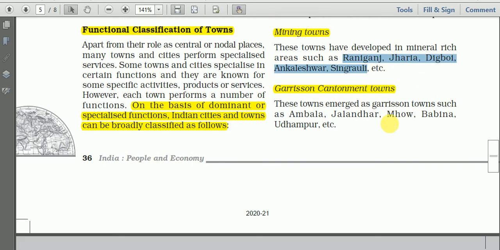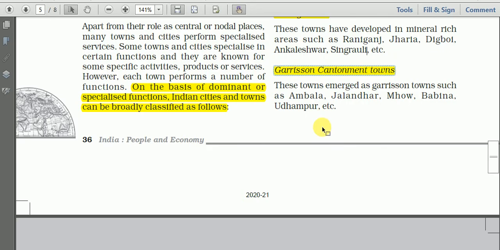Okay, then we have garrison cantonment towns. These towns emerge as garrison towns. Garrison means a fortified military post where troops are stationed. That means a military station.